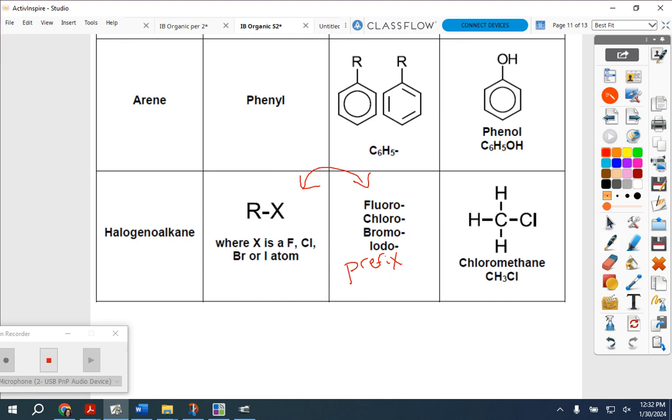They circulate around the ring, which is why it's often drawn like this with a circle in the center. So this and this mean exactly the same thing. Just another representation of those delocalized electrons. So if you see a ring like this, it's a phenyl group. You're not going to have any others that look like this.